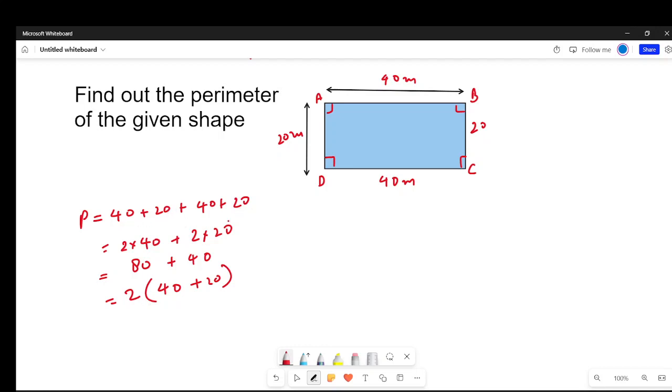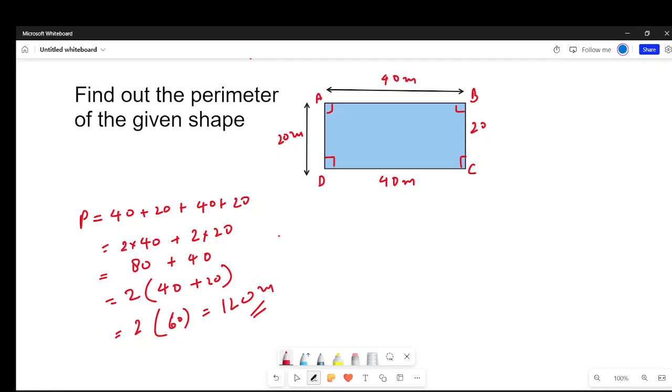We can solve directly, but I want to generate a formula for this. That is the point. Clear? So we got the answer: 6 twos are 12, 120. That is the answer, the perimeter in meter.